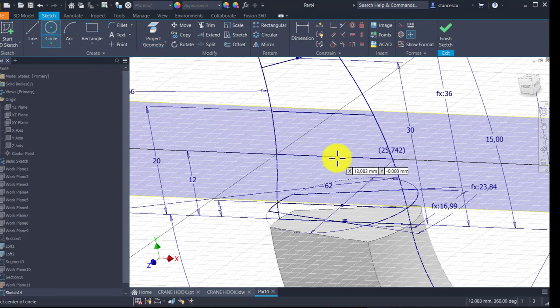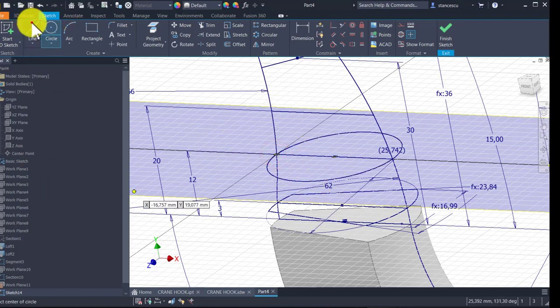Look here. Where is the center? Nowhere. Where is the end? Nowhere. Project the diameter and then the circle. From center to end. Good.